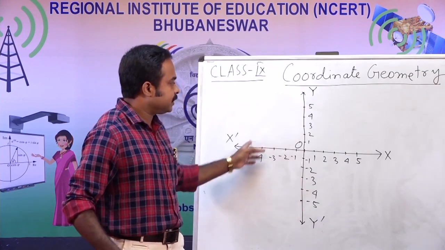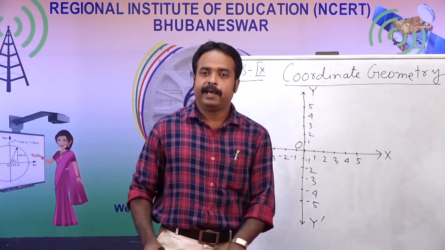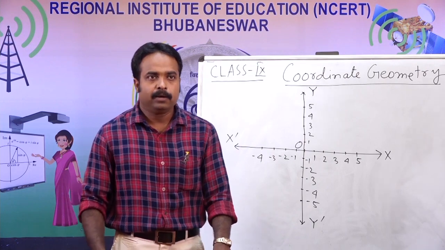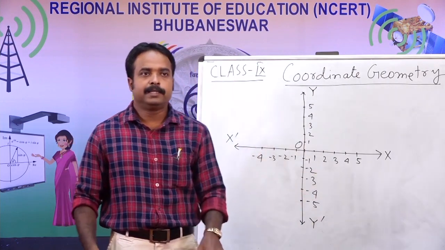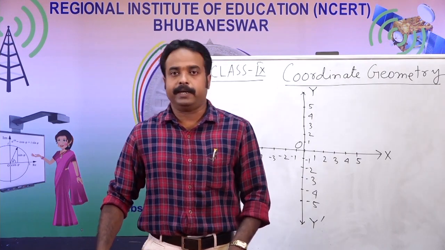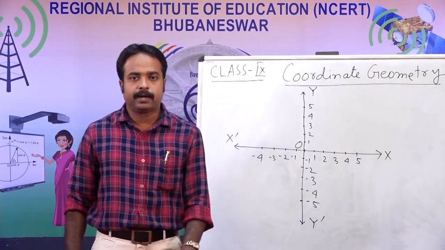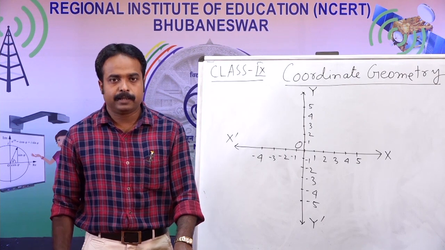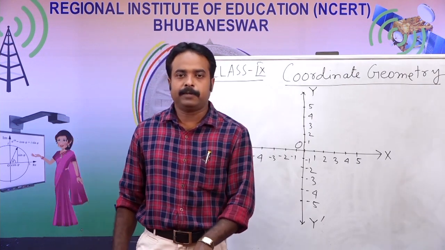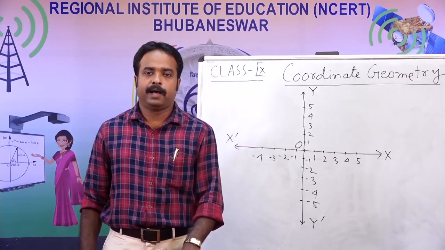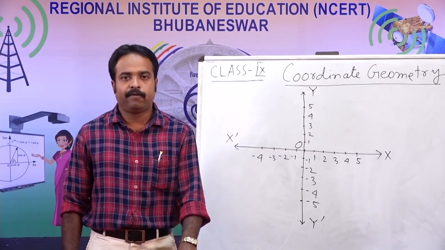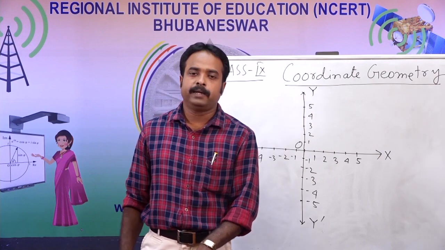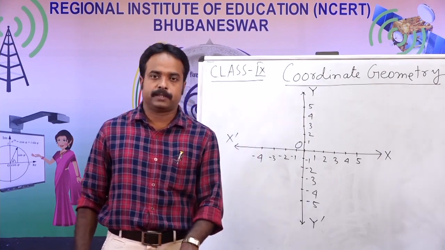These two lines are called the x-axis and y-axis. Together with this plane, it is called the Cartesian plane. So you may see here that the x-axis, the horizontal line, and the y-axis, the vertical line, divide the whole plane into 4 regions.